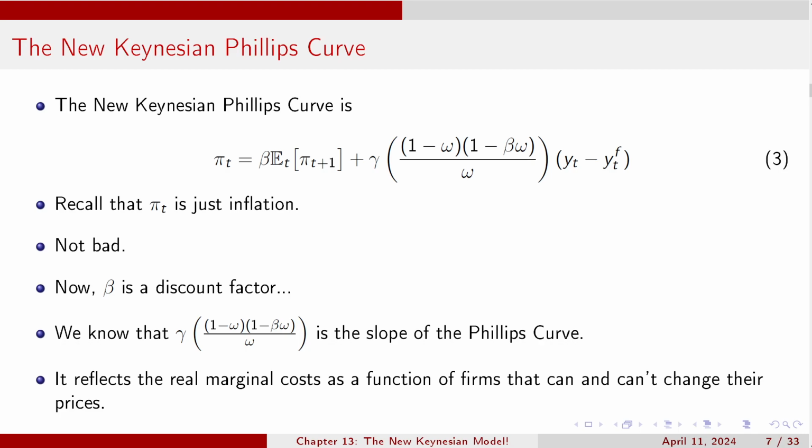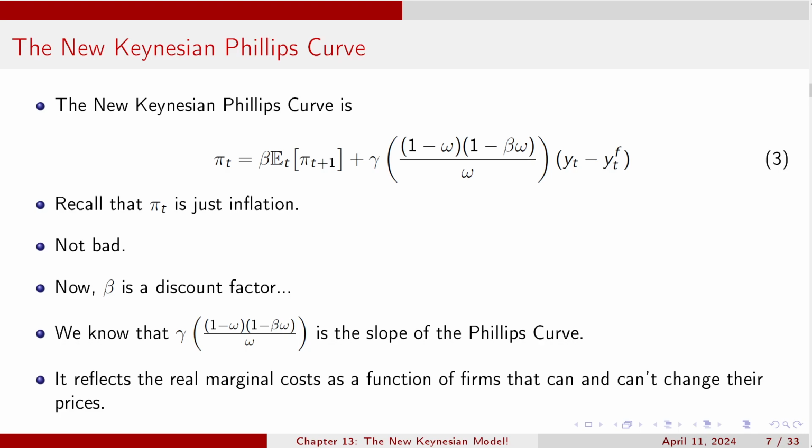So think of the vertical axis as prices and the horizontal axis as output. That slope, gamma times (1 minus omega) times (1 minus beta omega) over omega, is the slope of the Phillips curve, right?